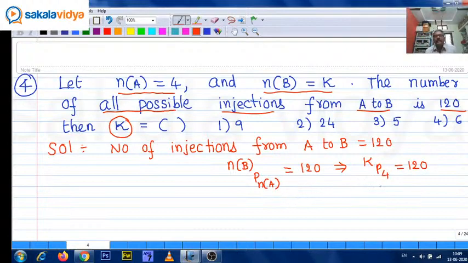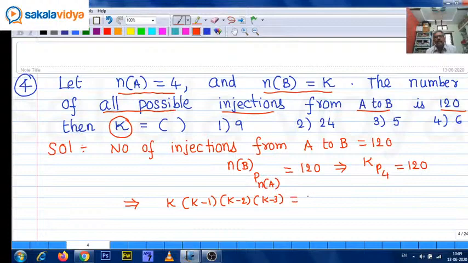So kP4 equals 120 means we can write it as k times (k minus 1) times (k minus 2) times (k minus 3) equals 120.